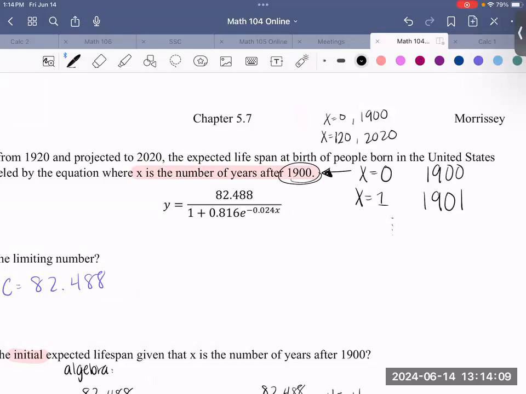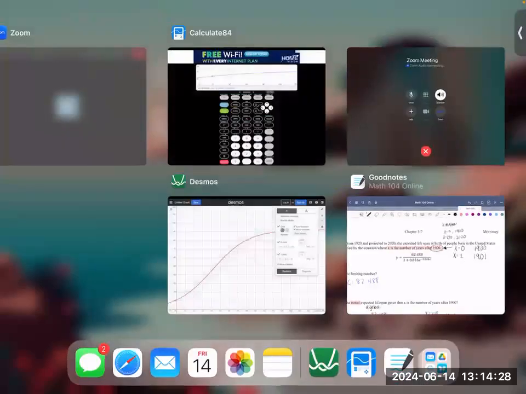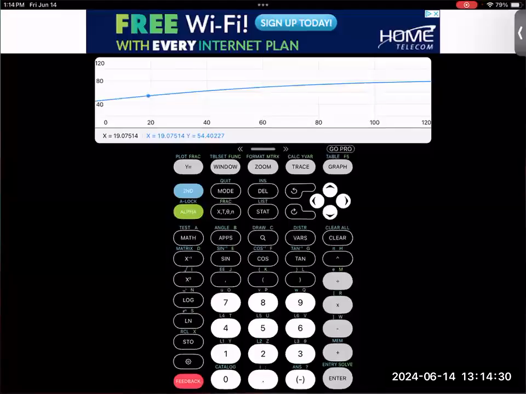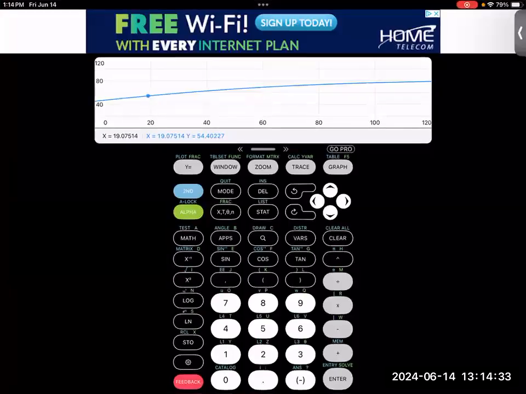So 120. So our x min and max should be starting at about 0 and going all the way up to 120. If you wanted to do a little bit of wiggle room, that's okay. In this context, they don't need an S shape. As lovely as that would be, this is what they're kind of expecting.